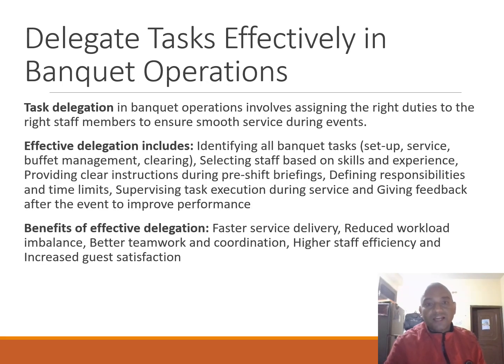Next we are coming to how to delegate tasks effectively in banquet operations. First is task delegation, how to do that in banquet operations. It involves assigning the right duties to the right staff members to ensure smooth service during events.